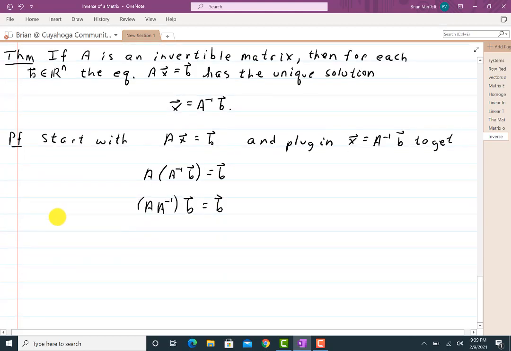And we see I get the identity, which in this case is I sub n. And so we do get B equals B. So X equals A inverse B is a solution.